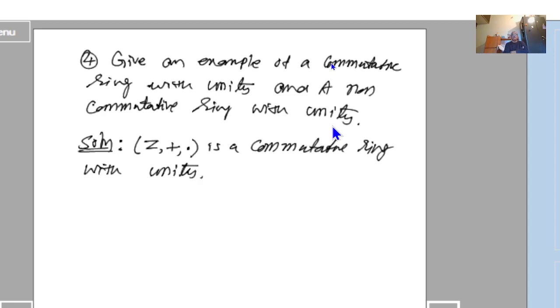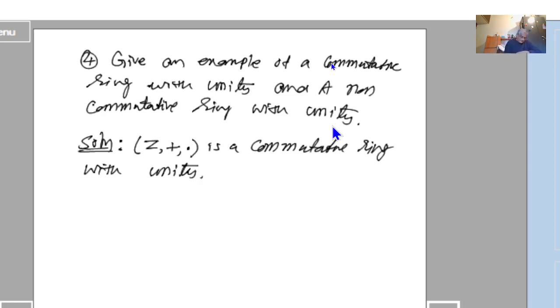We know that for matrix multiplication, if A and B are any two matrices, and if the multiplication is defined, then AB need not be equal to BA. So we can give an example of a ring of matrices.